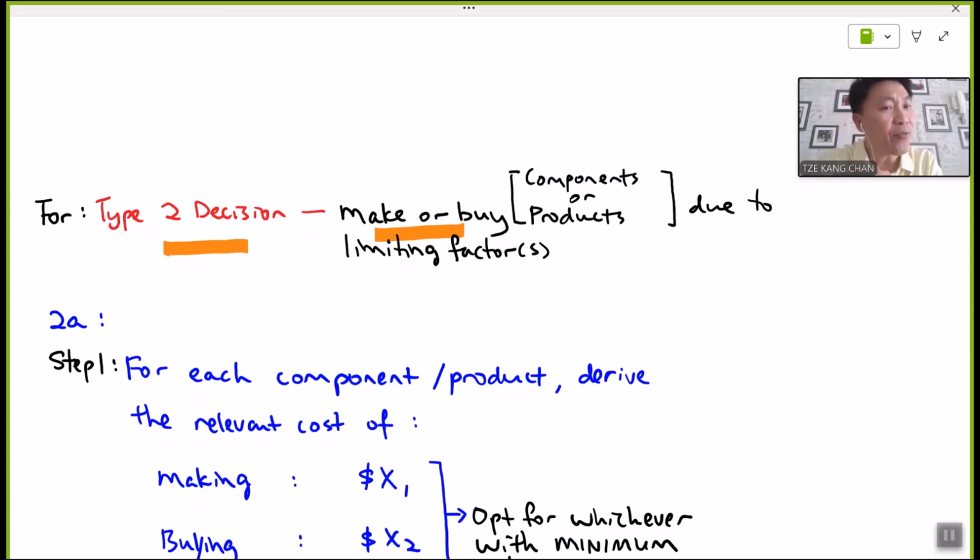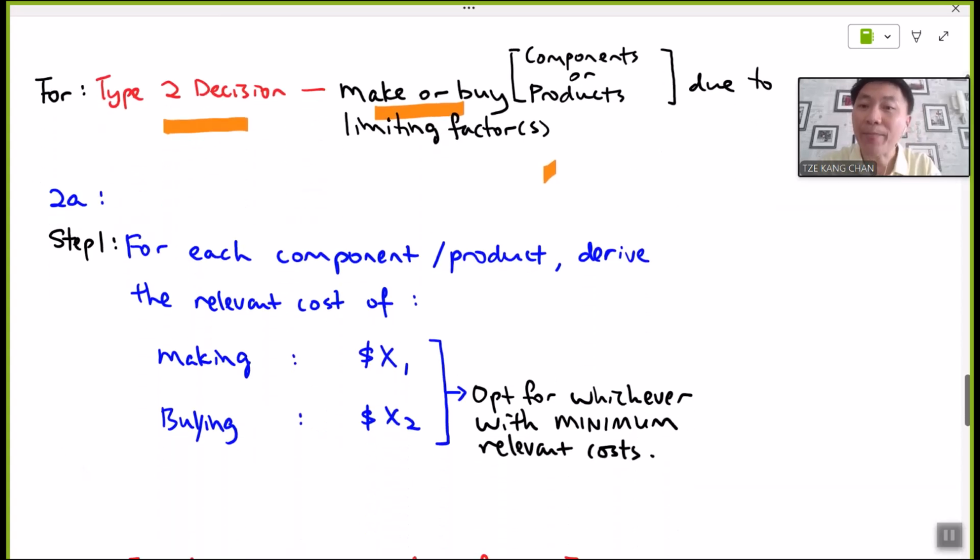So now it gives rise to the question, which of the products or which of the components is worth making internally, and which is worth buying externally. That gives rise to the make or buy decision when there is a presence of a limiting factor. The step to overcome this decision is to start, firstly, by making up your mind which of the components or products is worth making or worth buying.